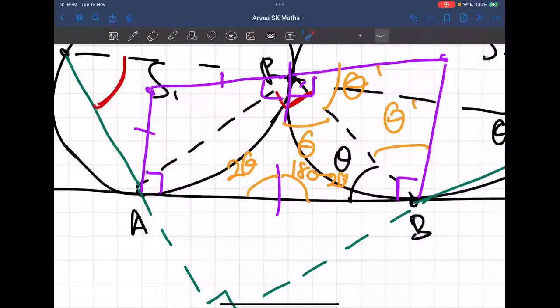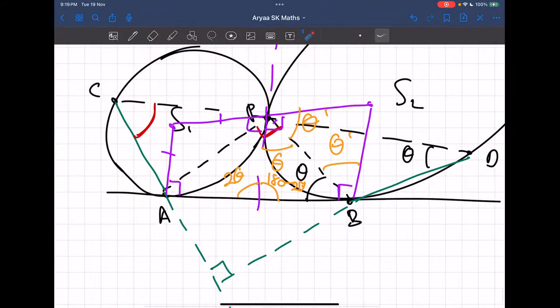Okay, so we know this is a right angle, we know this is a right angle, we know this angle here. Aha! And we know that two tangents meet at equal distances from a point. There we go.